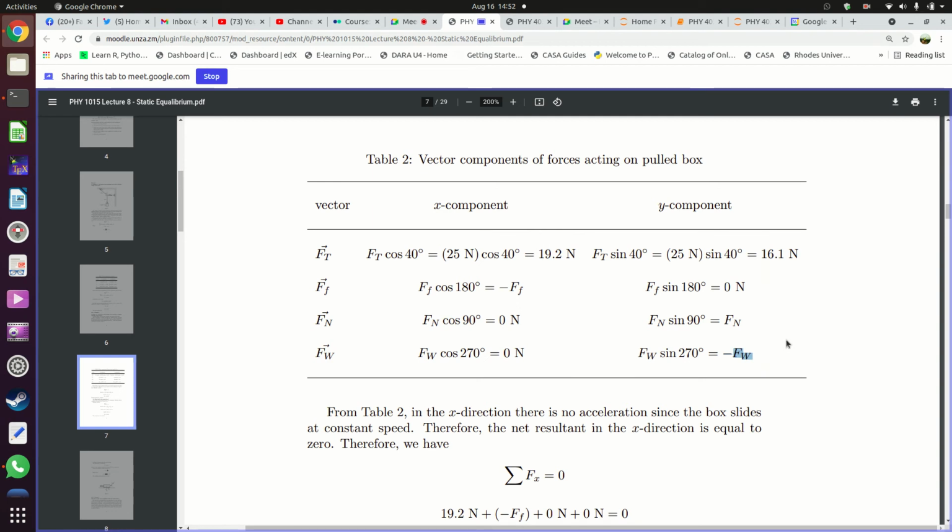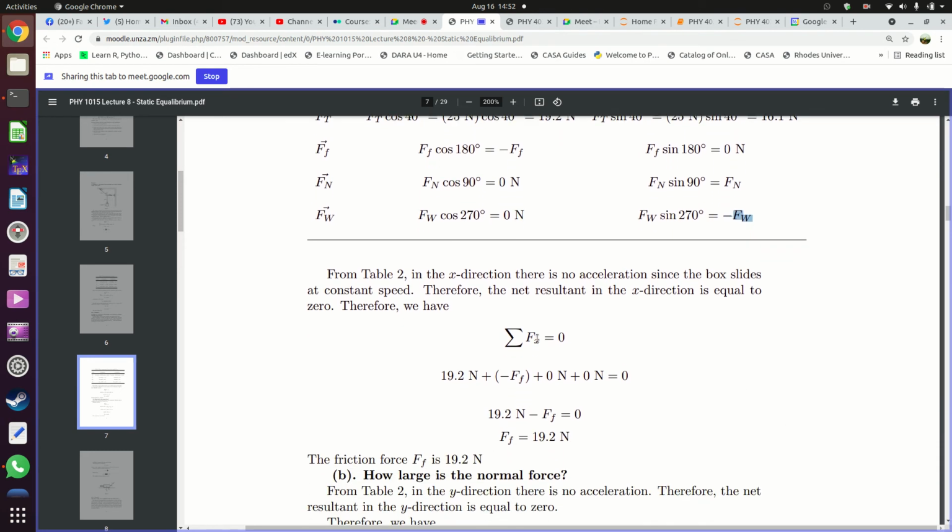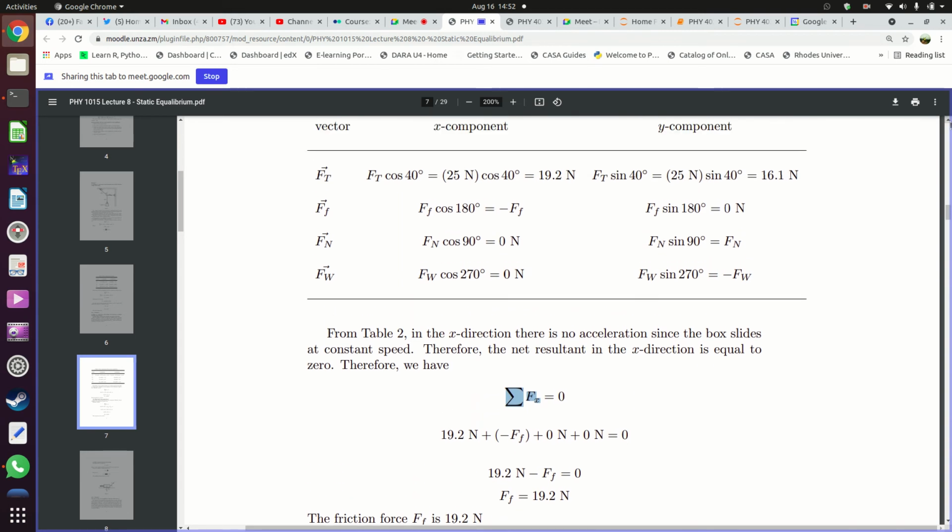So when you add the forces along the x-axis, the sum of the forces along the x-axis should be 0. So the components we have are 19.2 plus minus F plus this, and that should give us 0. So you've got 19.2 newtons plus minus F newtons plus 0 newtons plus this, that should give you 0.